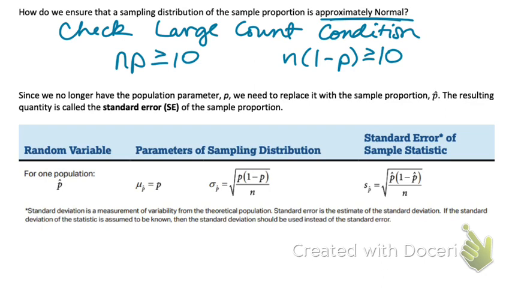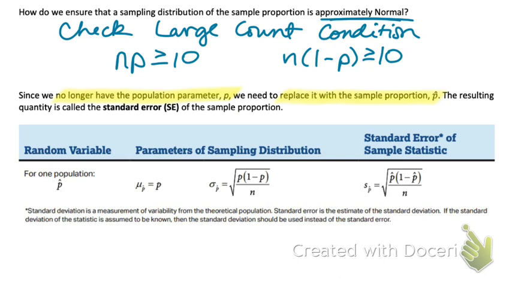And here it is. Since we no longer have the population parameter p, we need to replace it with the sample proportion, p hat. So basically, anywhere in these formulas that you see a p, if we don't know the actual population value of p, then we're going to replace that p with p hat, the sample proportion.